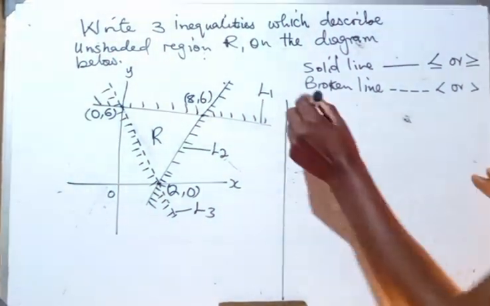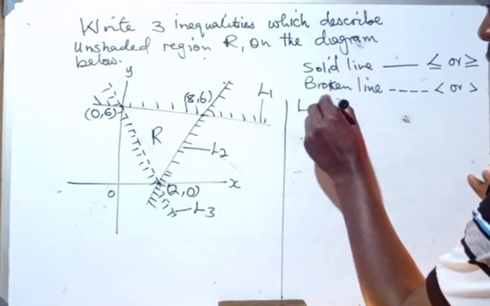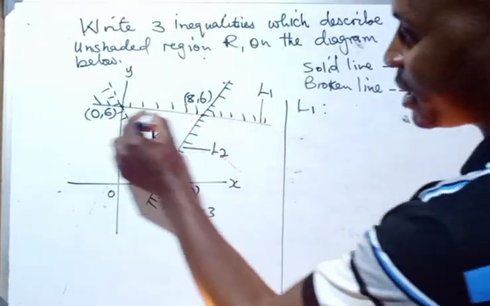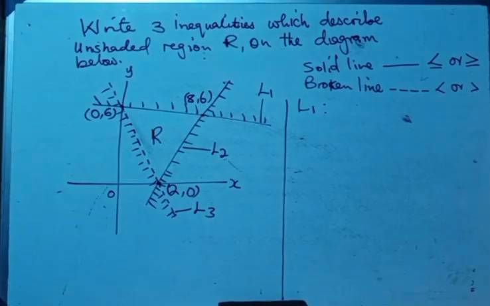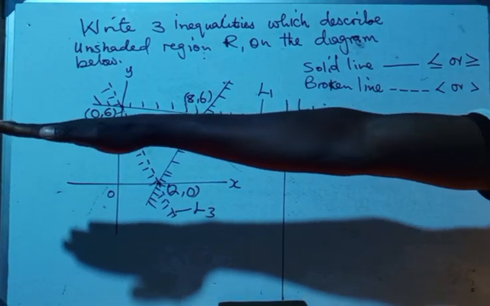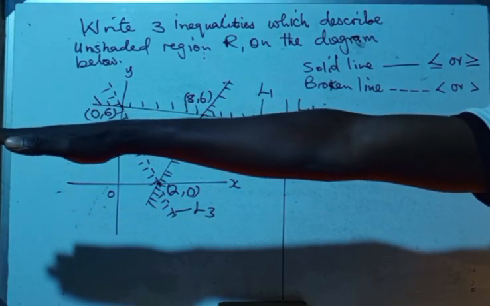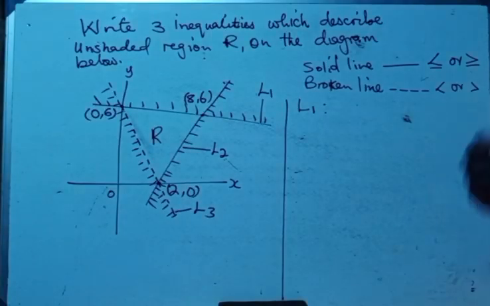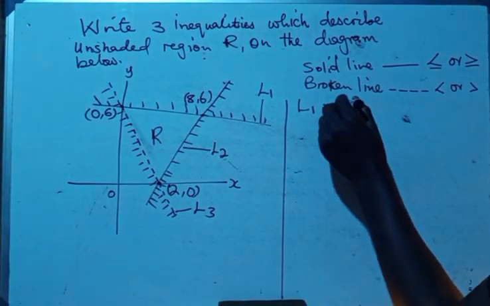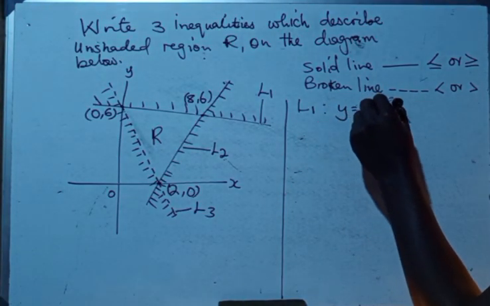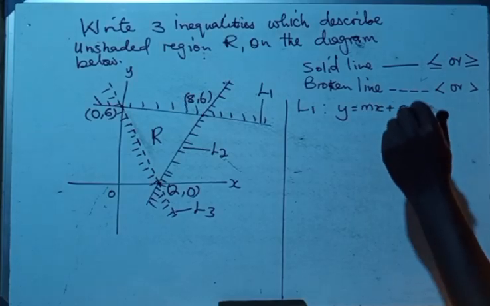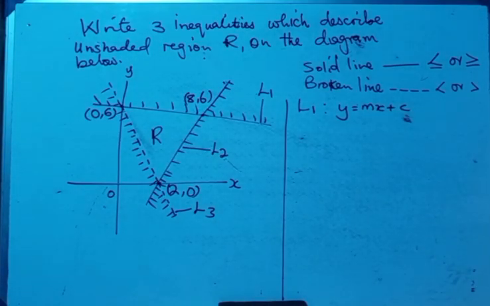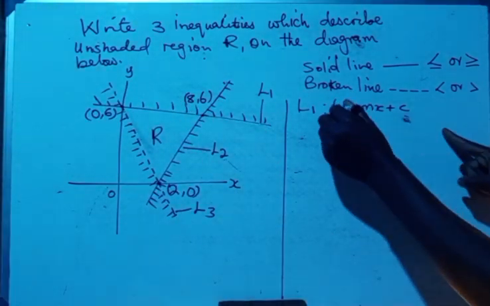Now, when I look at line number 1, it is a horizontal line. The equation of a straight line is in the form y equals mx plus c.